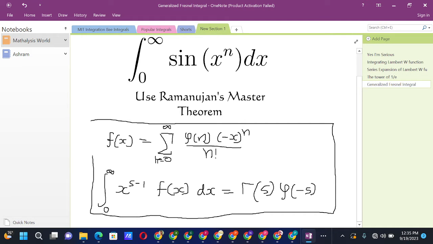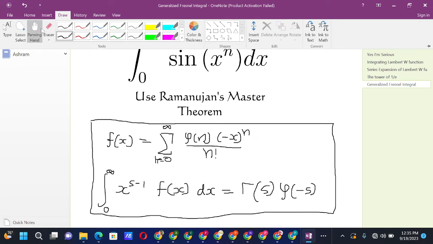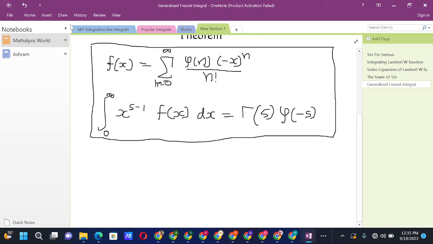And to verify this from a well-known example that we know, we can use it to verify one of the formulas from Laplace transform, that the integral from 0 to infinity of e to the power minus st times t to the power x minus 1 dt is, we know, gamma of x divided by s to the power x.